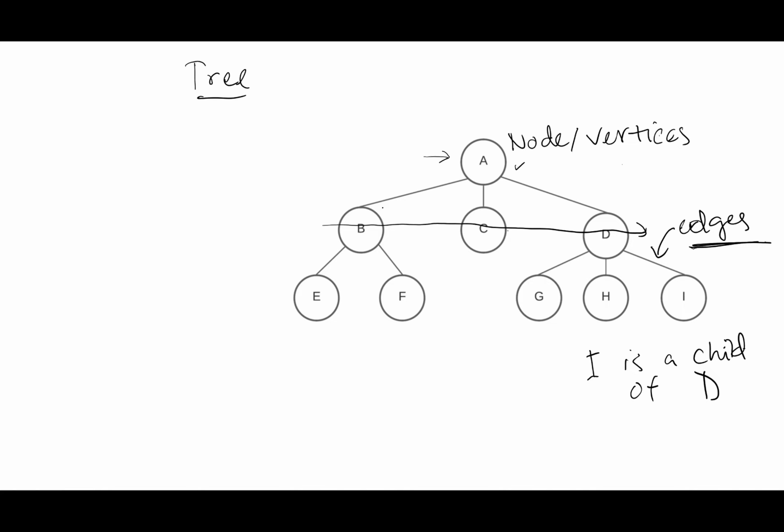So what is the difference? In a tree, when you're working with a parent, we take out the parent and put the children in the queue, right? So this is child 1, child 2, child 3.